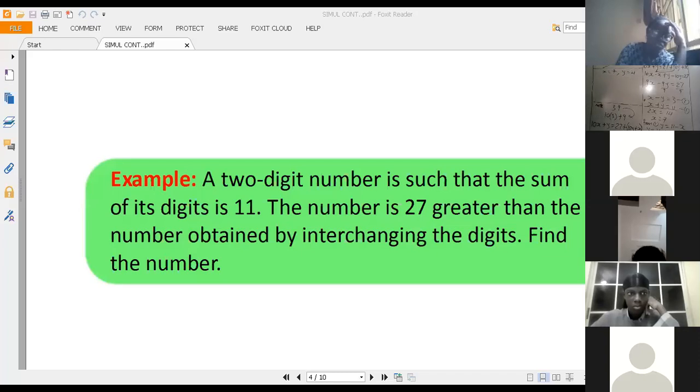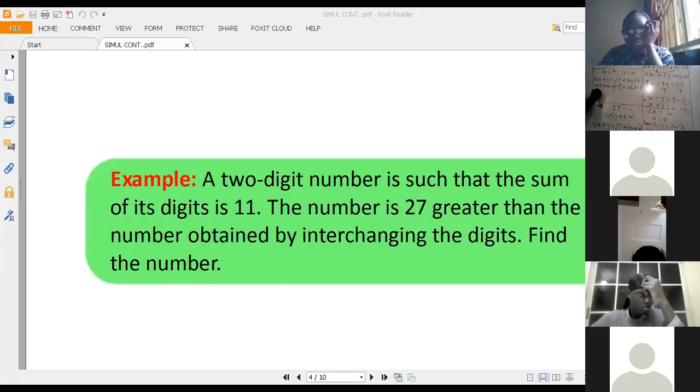Now, to check the second statement, which says that 10x plus y is 27 plus 10y plus x, let's substitute the values of x and y. So you have 10 into 7 plus 4 is equal to 27 plus 10 into 4 plus 7.